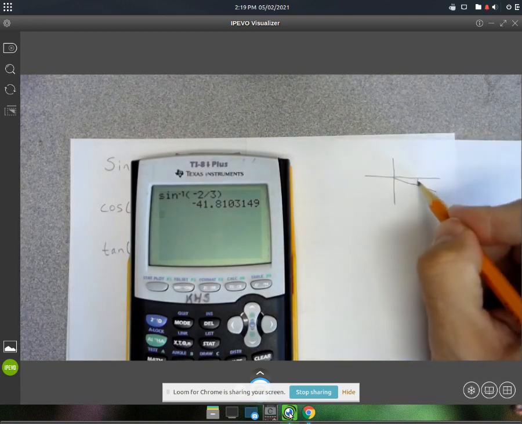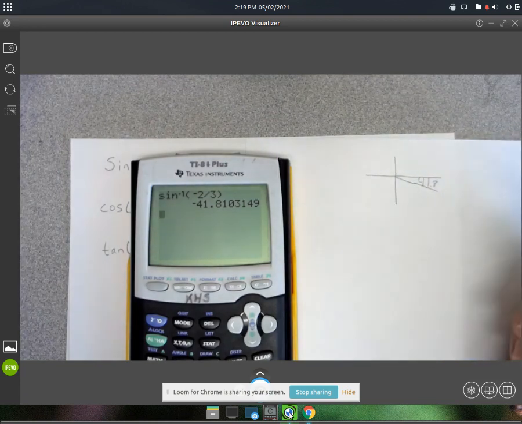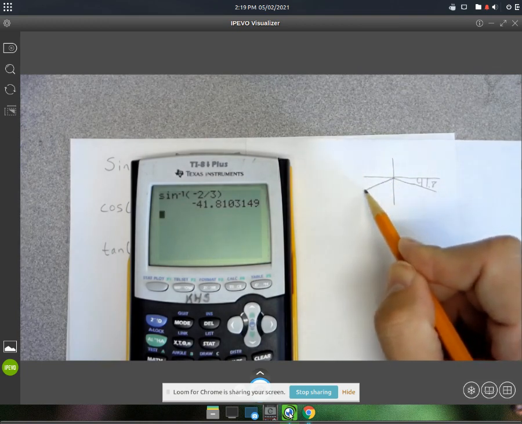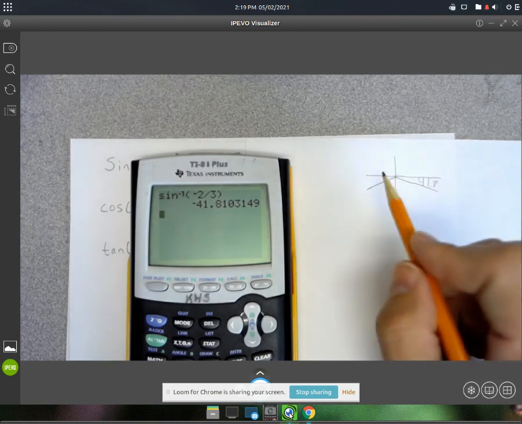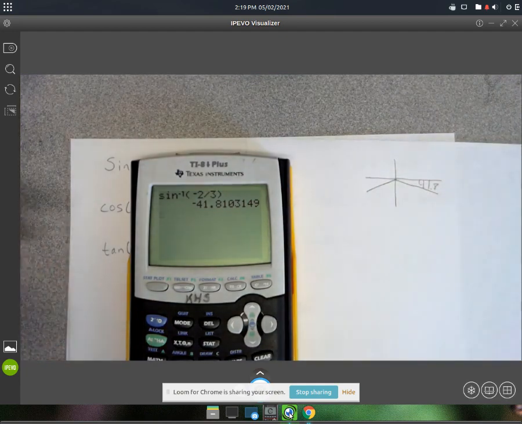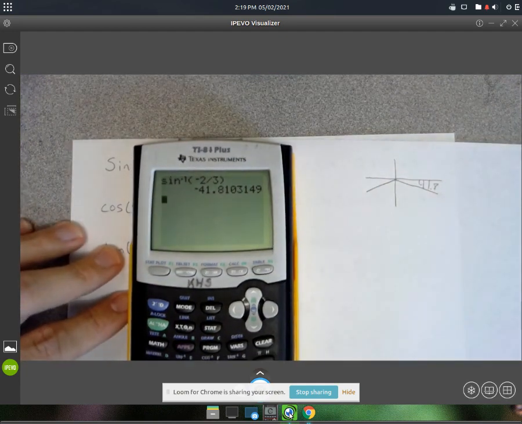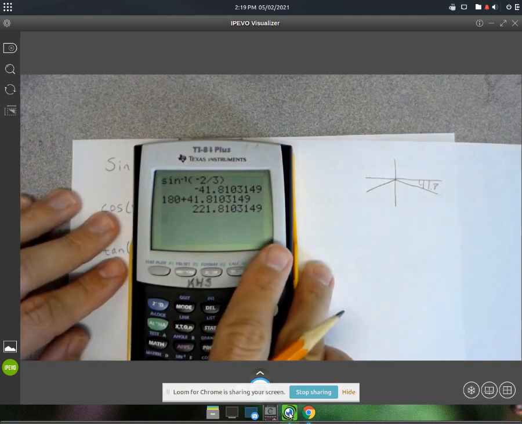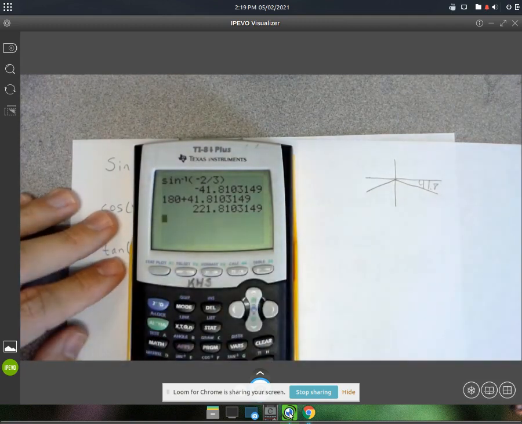So I'm going to take that 41.81, but I actually need it to be in quadrant 3. So for this angle, it's going to be 180 plus the 41.81. All right. So I'm going to tell my calculator 180 plus 41.8103149. Okay, so my actual angle, my original x, is 221.